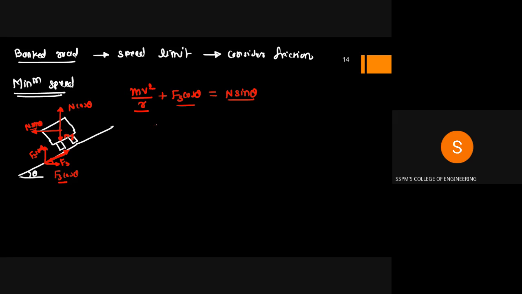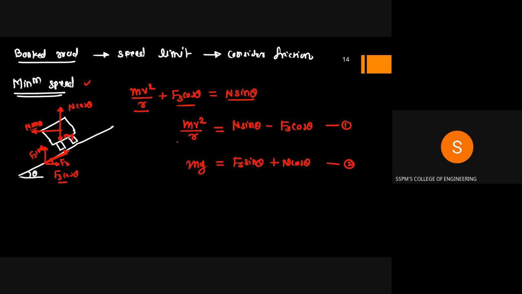So from this we get centrifugal force equal to n sin theta minus Fs cos theta. And by using summation Fy, we get mg is equal to Fs sin theta plus n cos theta. So these are two equilibrium equations for the bank road at the minimum speed.